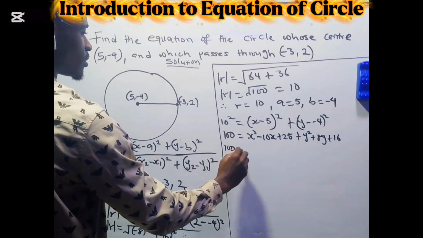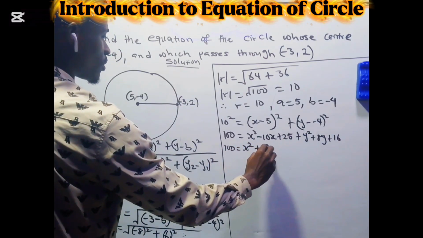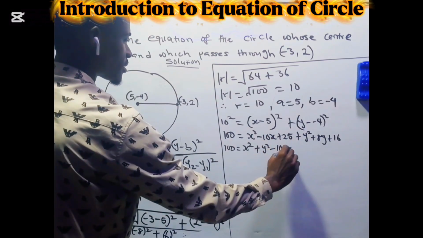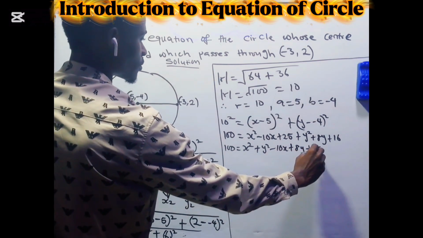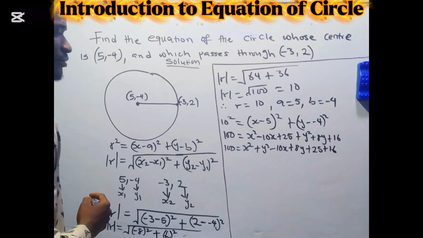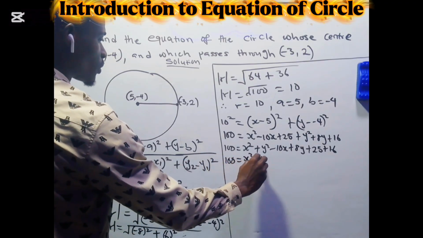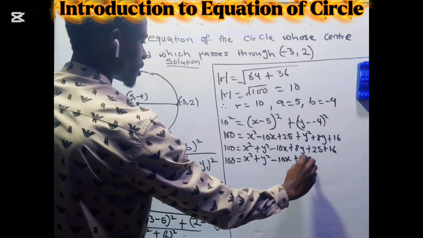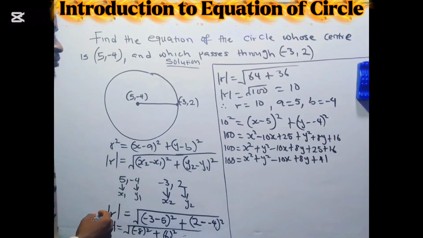So 100 will be x squared, bringing y squared, minus 10x plus 8y plus 25 plus 16. 100 will be x squared plus y squared minus 10x plus 8y plus 41.